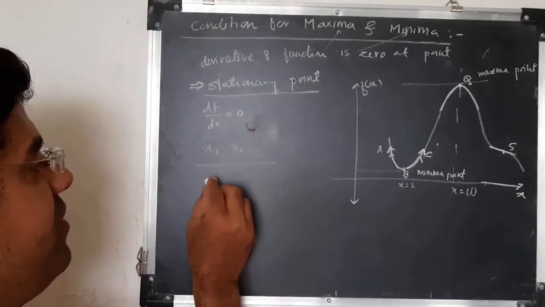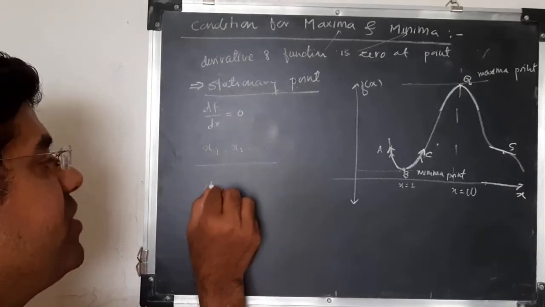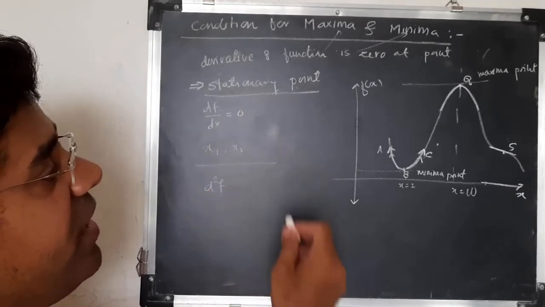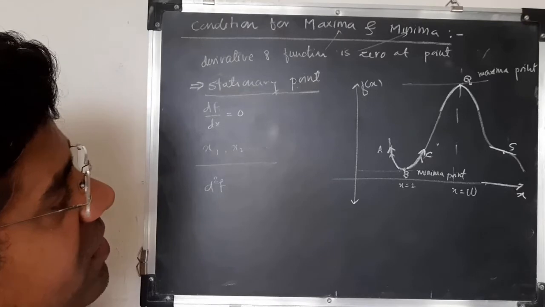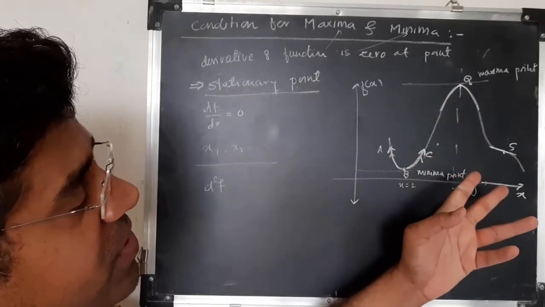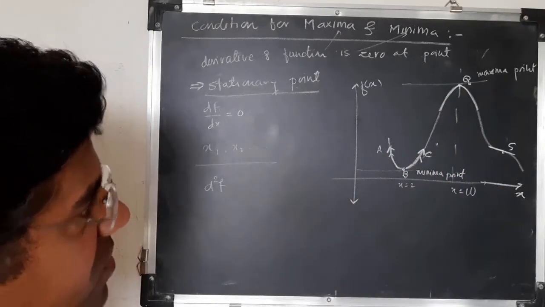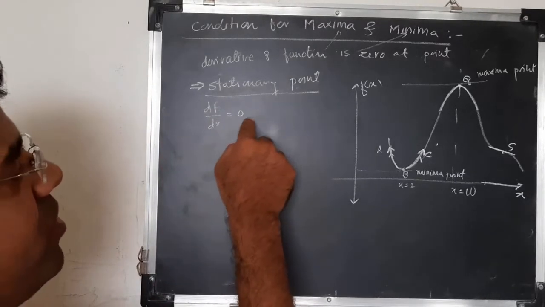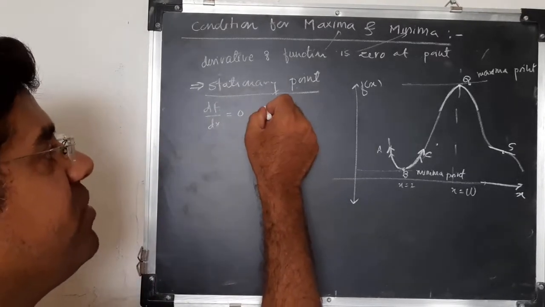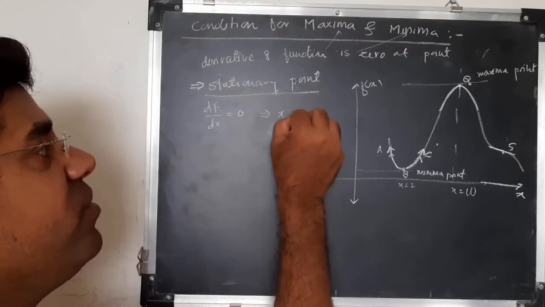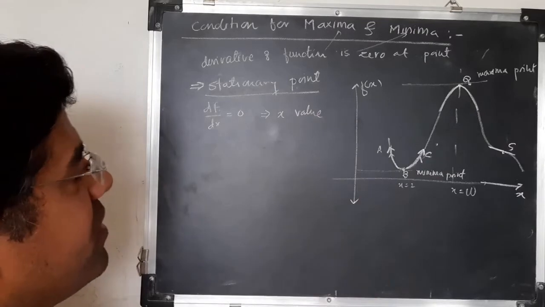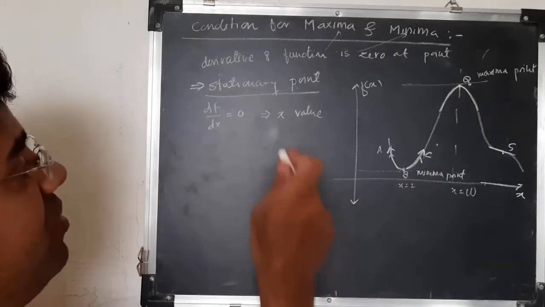And find out the second derivative of that function, d2f, because the first derivative is 0 and you want to find out the maxima and minima points using the mathematical way. So the first derivative equals 0. From here you will get the value of x, x1, x2, whatever that polynomial gives.